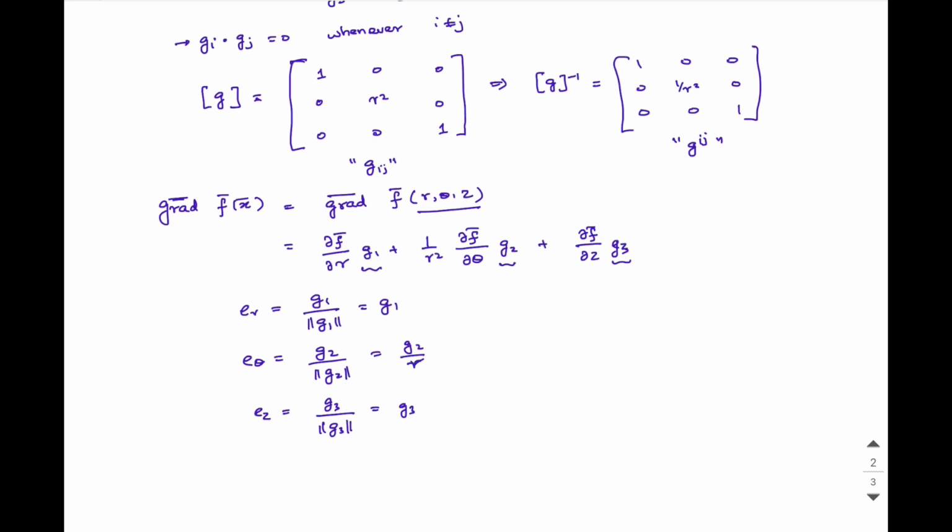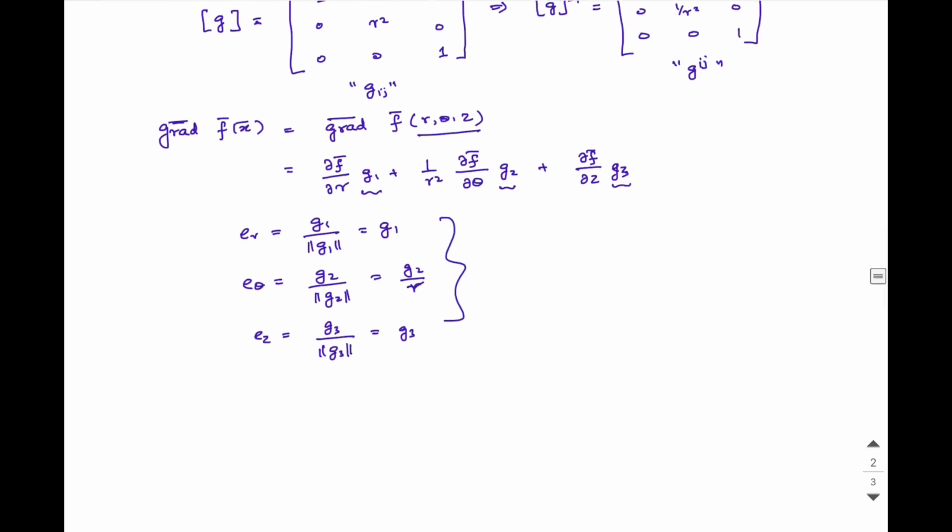So with this definition, you see that the gradient of f bar at the point x bar is simply the derivative with respect to r times e_r, plus 1 over r times the derivative of f bar with respect to theta, e theta, plus the derivative of f bar with respect to z, e_z.